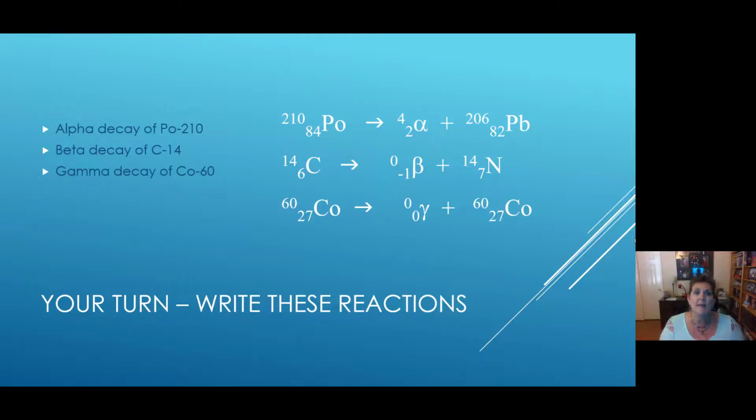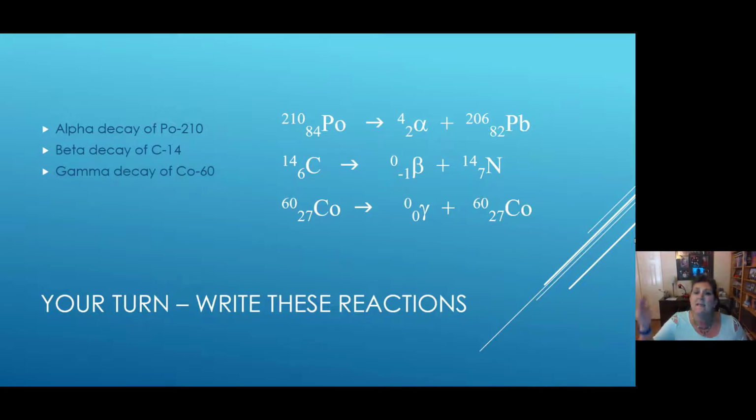Now let's look at the beta decay of carbon-14. 14 over 6 carbon, arrow, 0 over minus 1 beta, plus 14 over 7 nitrogen. Let's add up those numbers again. The top numbers, 14 equals 0 plus 14. 14 plus 0 is 14.